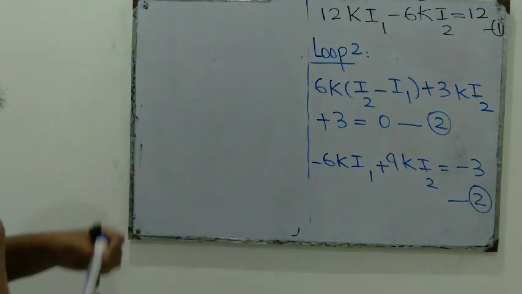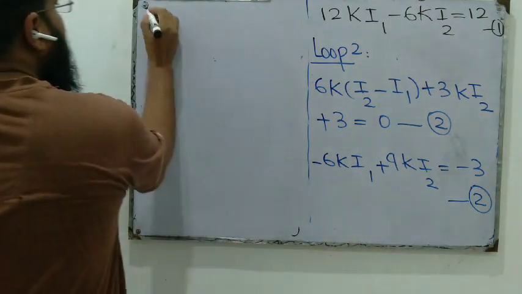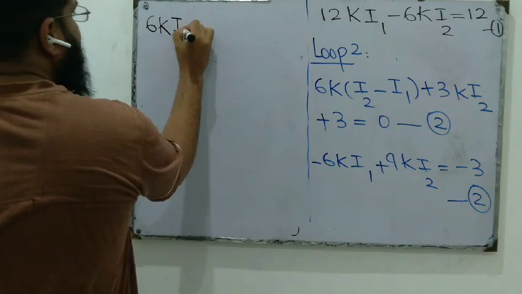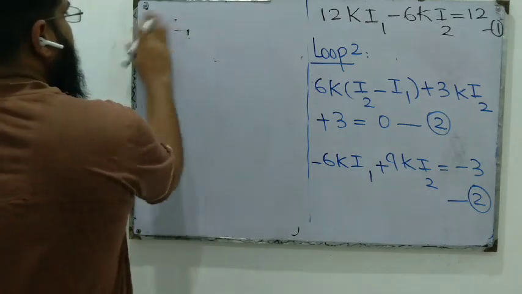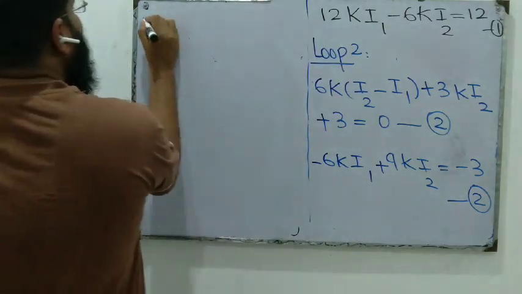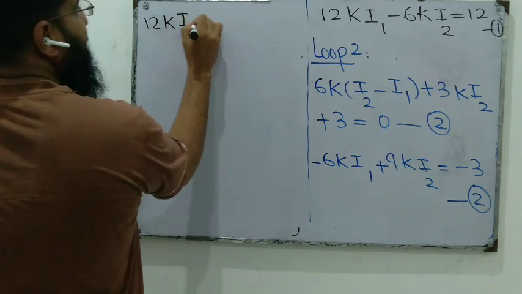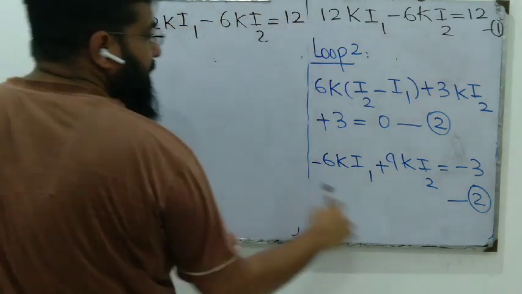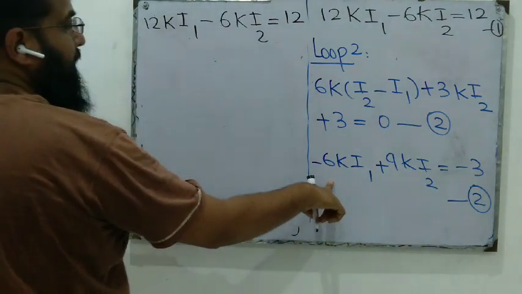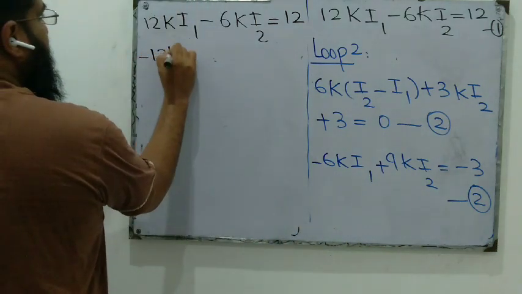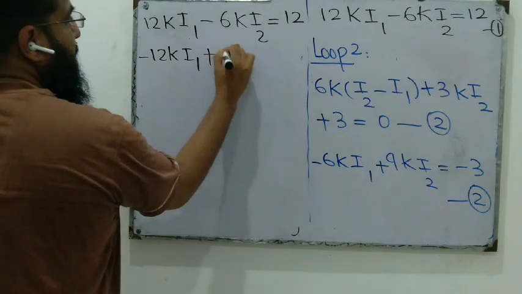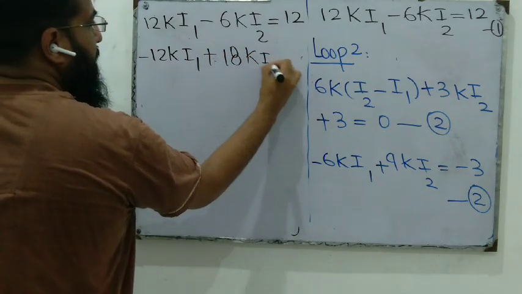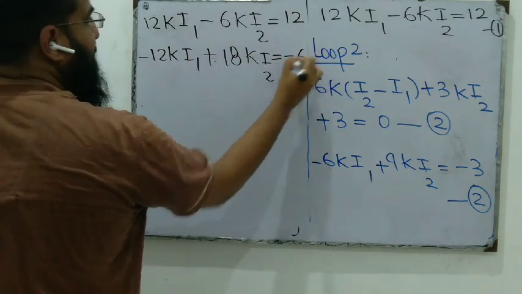Solve them simultaneously. Equation number 1: 12K I1 minus 6K I2 is equal to 12. Equation number 2, if you multiply it by minus 2, becomes minus 12K I1 plus 18K I2 is equal to 6.